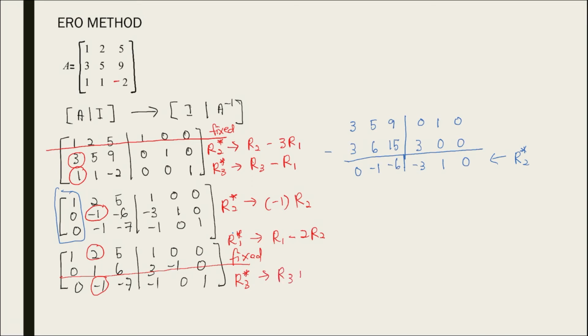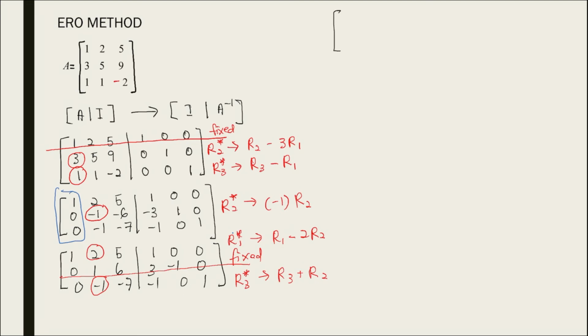So row 3 plus row 2. Okay, so I'm going to erase this. And then continue here. So since the second row, nothing changed and it's fixed, so we write back the second row. So what is your new row 1? So row 1 minus 2 row 2.